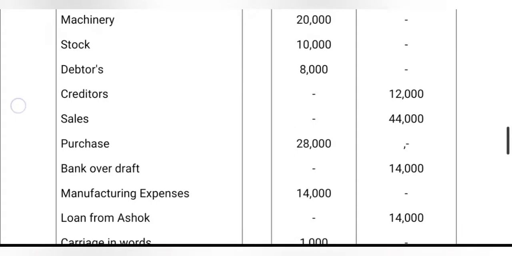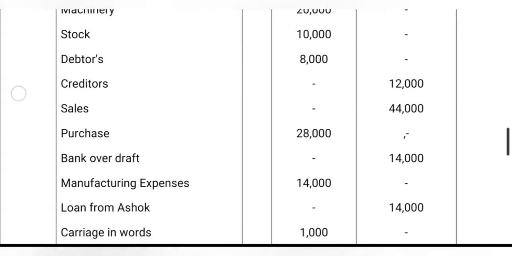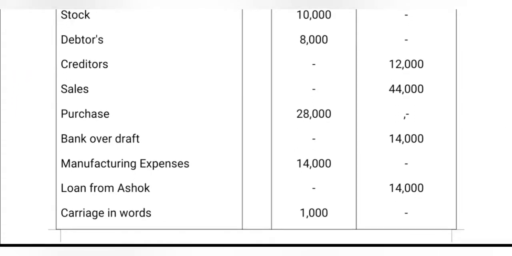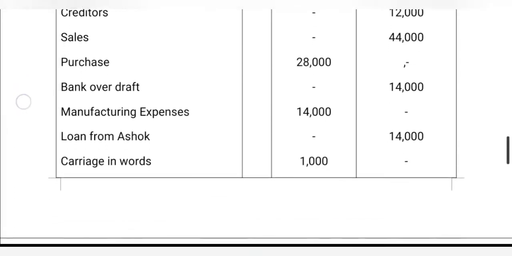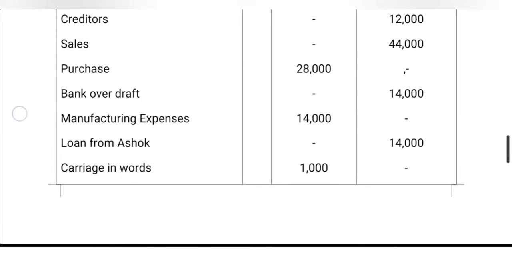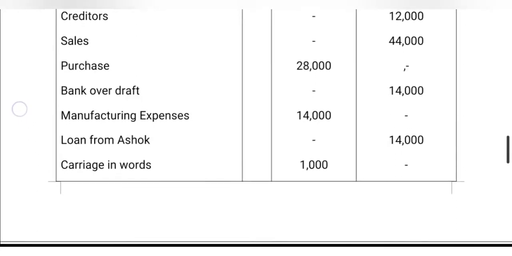We put it on the debit side of the trial balance. Stock is also an asset. We write it on the debit side. Debtors is also an asset. We write it down on the debit side. Creditors is a liability. It is the credit side of the trial balance.